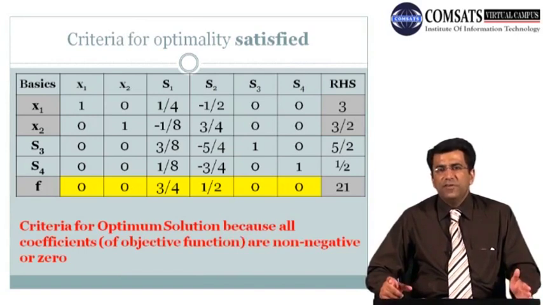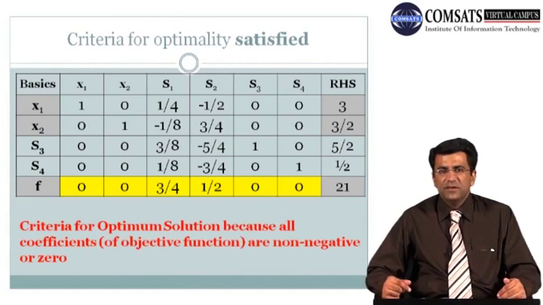Again, we'll have to identify the leaving variable and the entering variable. The non-basic variable corresponding to the pivot column is our entering variable, and the basic variable corresponding to our pivot row will be our leaving variable.